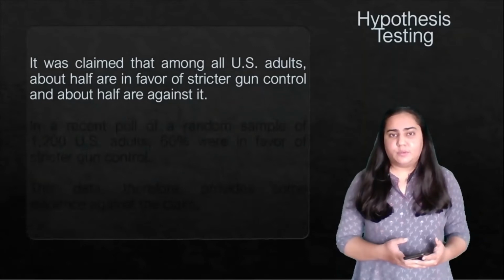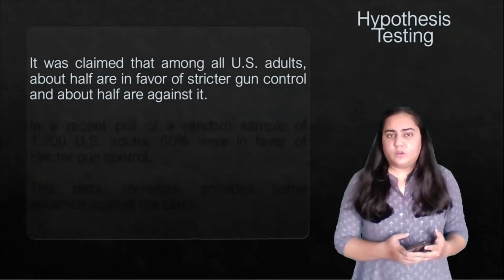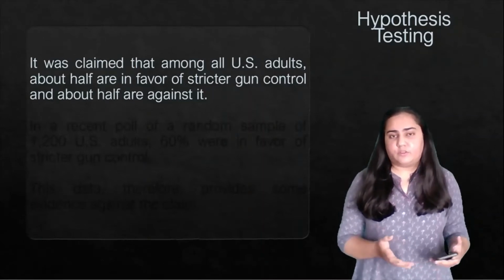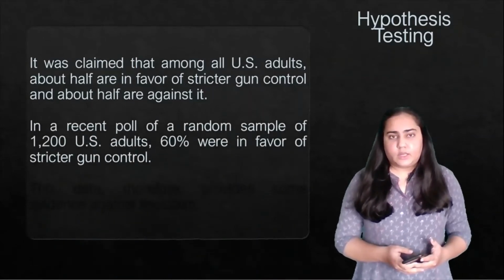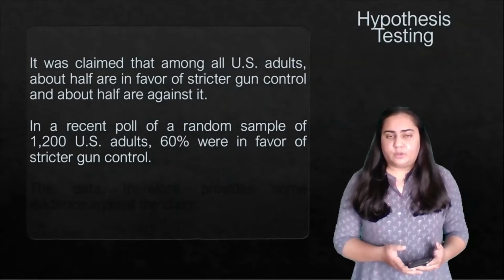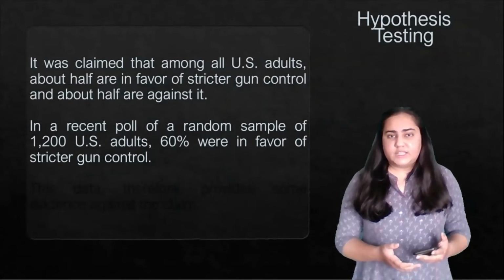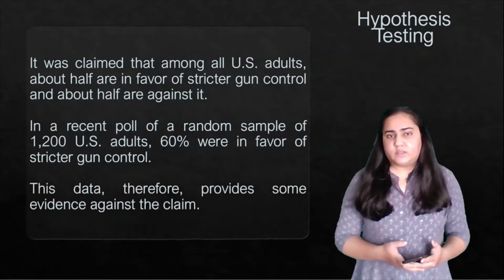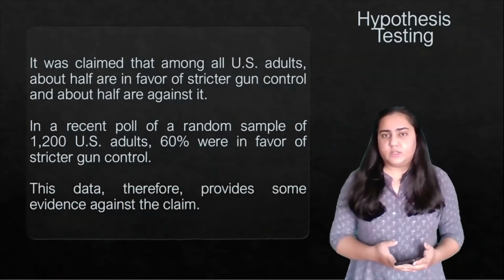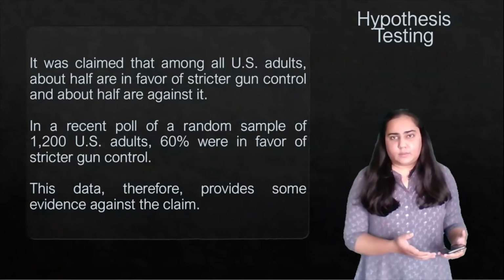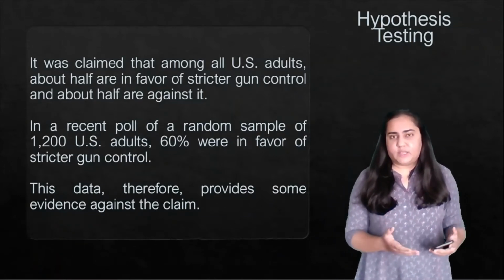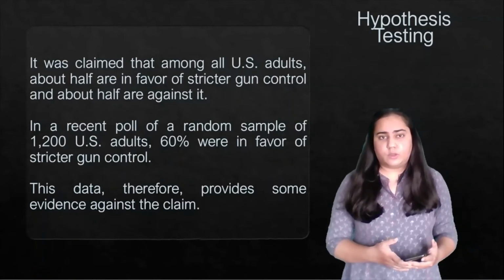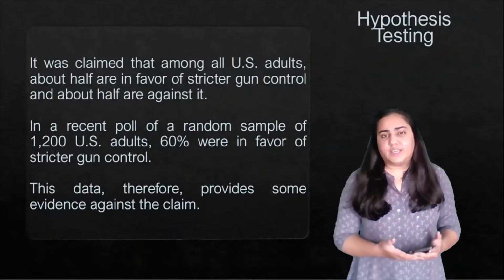So let's take an example. It was claimed that among all US adults, about half are in favor of stricter gun control and about half are against it. And in a recent poll of a random sample of 1,200 US adults, 60% were in favor of stricter gun control. This data therefore provides some evidence against the claim. So there was a claim that 50% of people are supporting stricter gun control and the remaining 50% are against it.